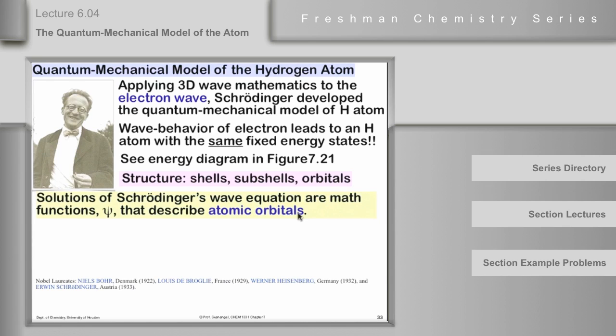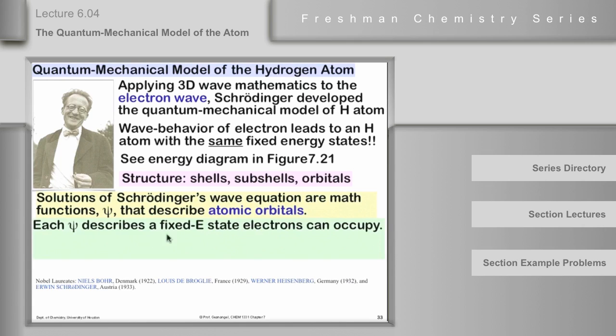Now, this three-dimensional equation that Schrödinger solved produced an infinite number of solutions. It produced a solution of the lowest possible energy, which matched Bohr's n equal to 1 shell, orbit, energy level, if you will. And each one of these things described what was called an atomic orbital.